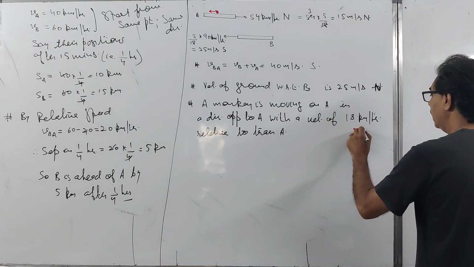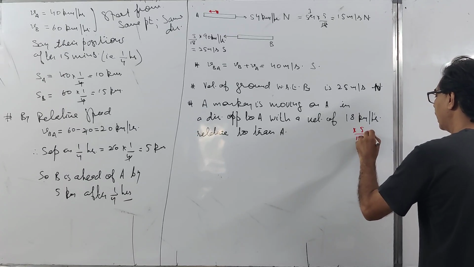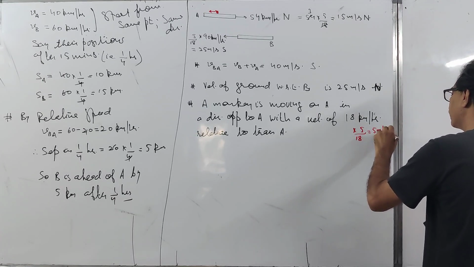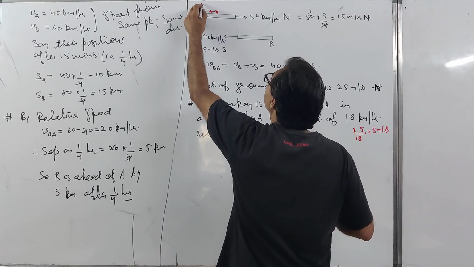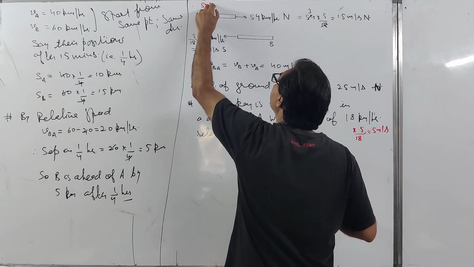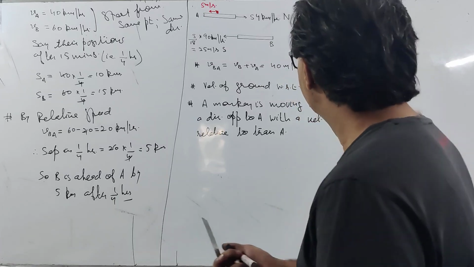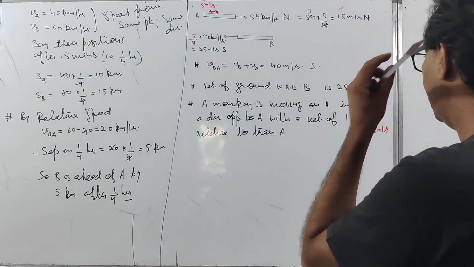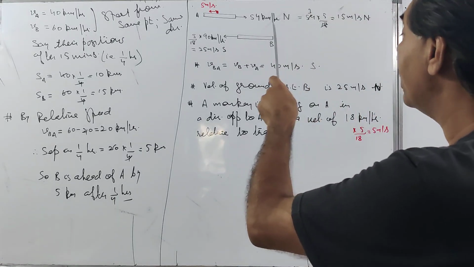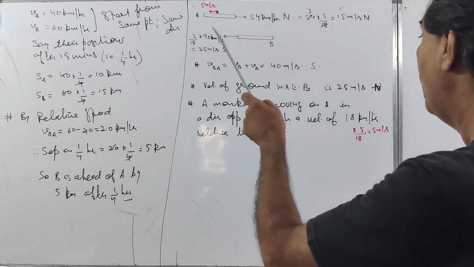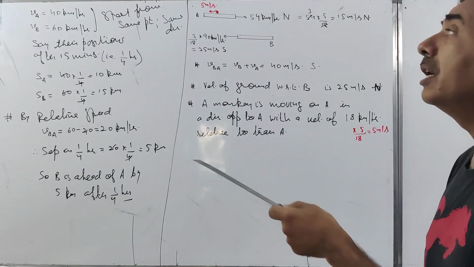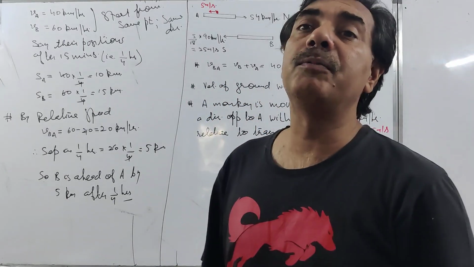So 18 into 5 by 18 comes to 5 meters per second. The monkey is moving on A in a direction opposite to A with a velocity of 18 kilometers per hour, that is 5 meters per second relative to the train A.